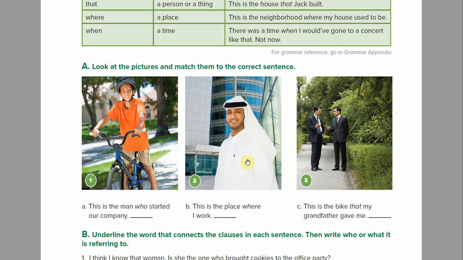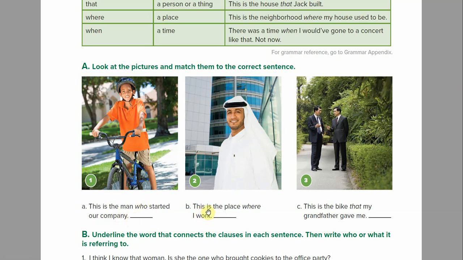These two are a little more difficult. So we need to look carefully at these two. This one says, this is the man who started our company. So we could be talking about this man, or one of these men could be talking about the other. So it's kind of confusing.